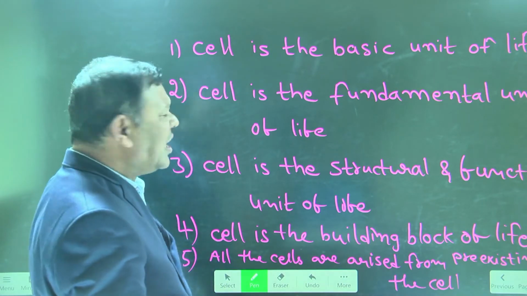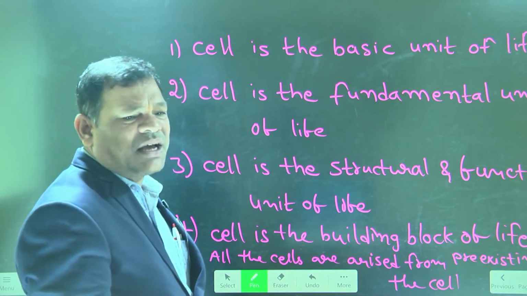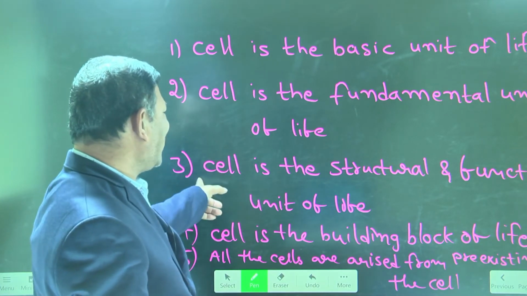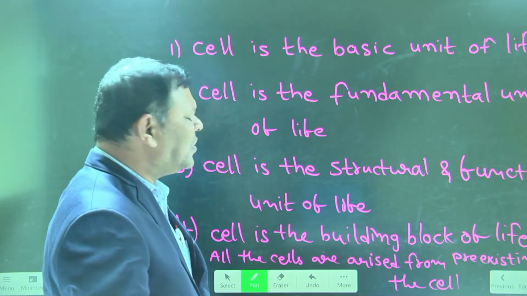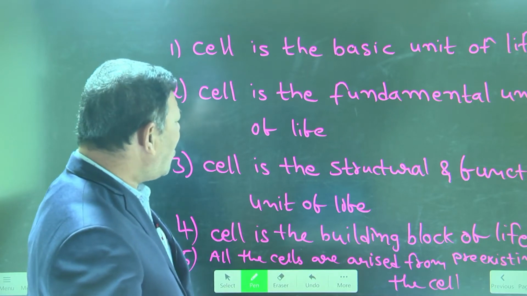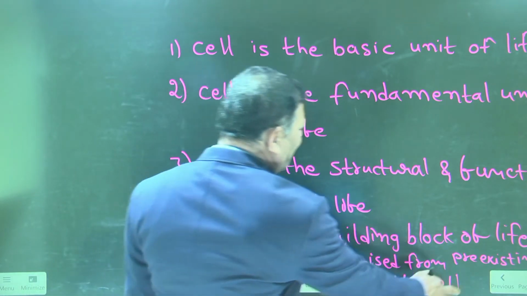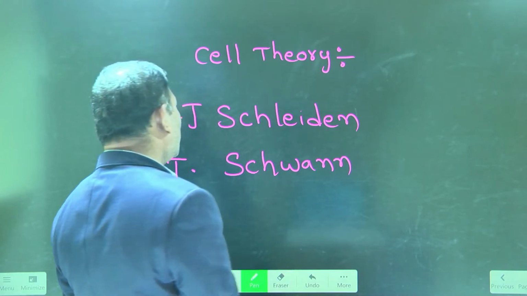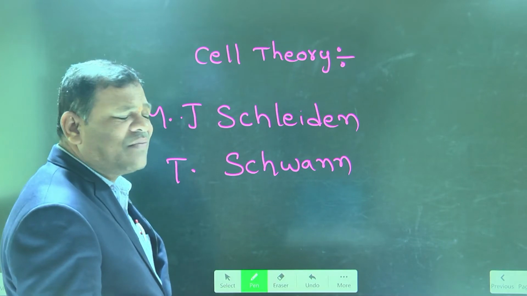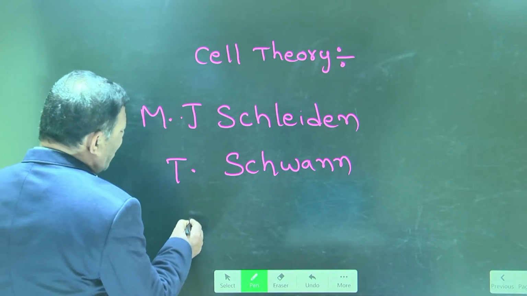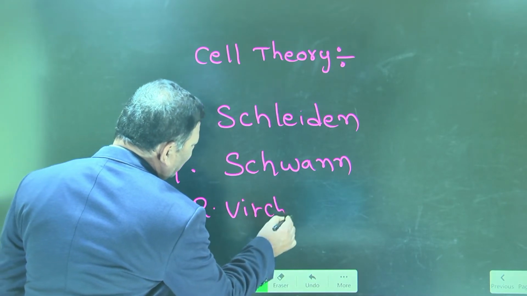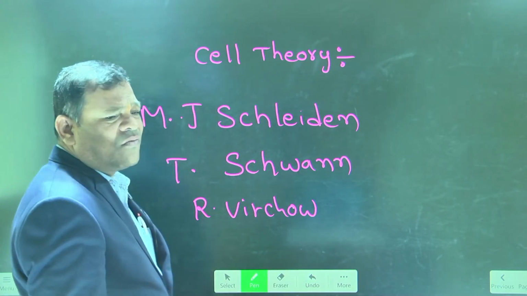What is the cell theory? The cell is the basic unit of life. The cell is the fundamental unit of life. The cell is the structural and functional unit of life. The cell is the building block of life. All cells arise from pre-existing cells, as stated by Rudolf Virchow.